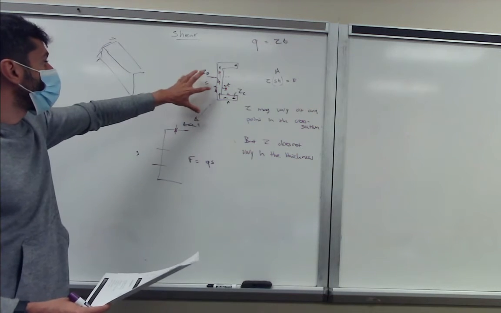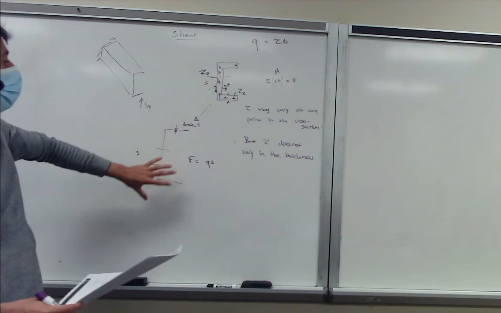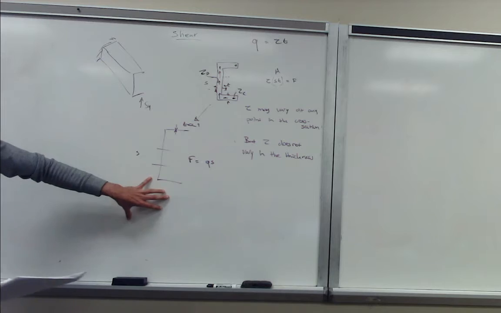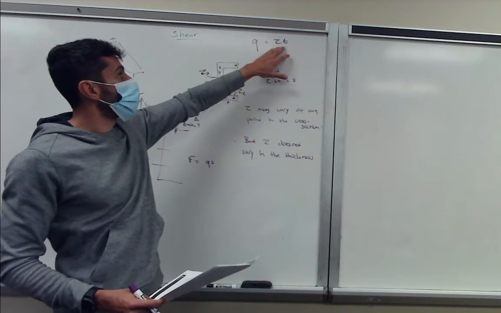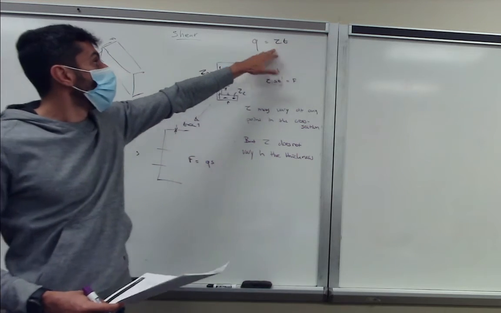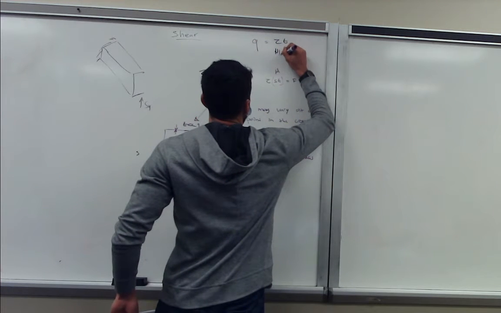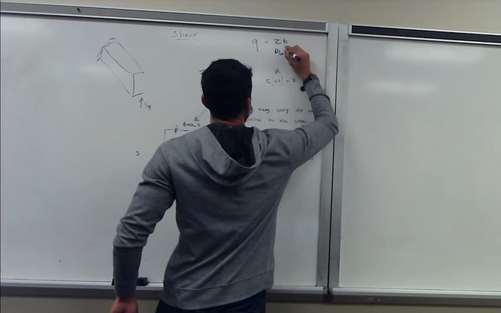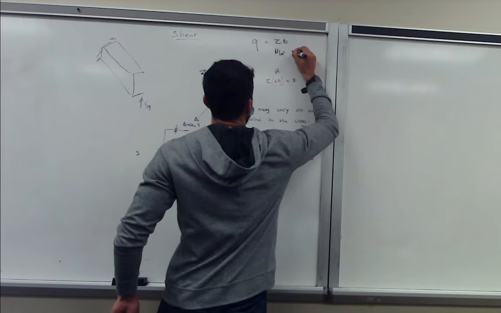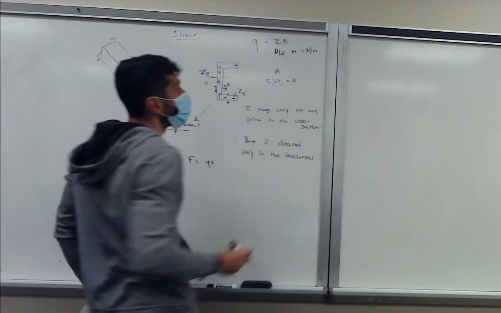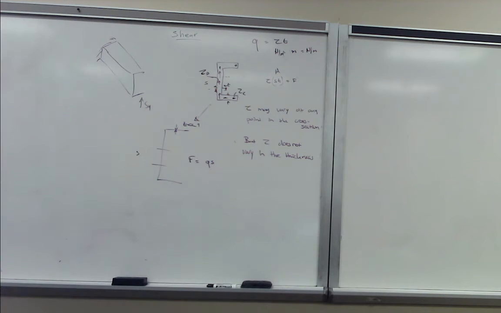Instead of shear stresses, we look at the concept of shear flow, being the shear stress multiplied by the thickness. The unit of shear stress is Newton per meter squared. This is multiplied by meter, so shear flow is Newton per meter instead of Newton per meter squared.